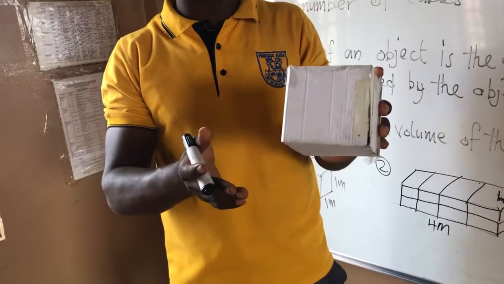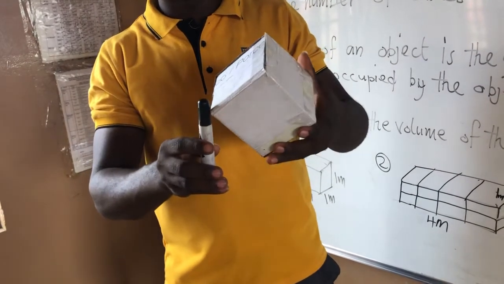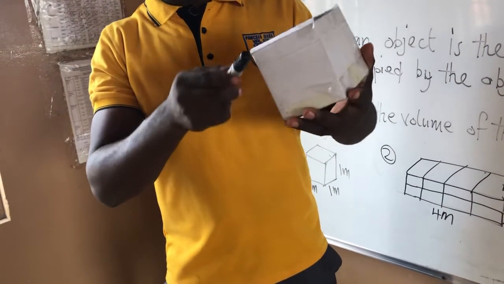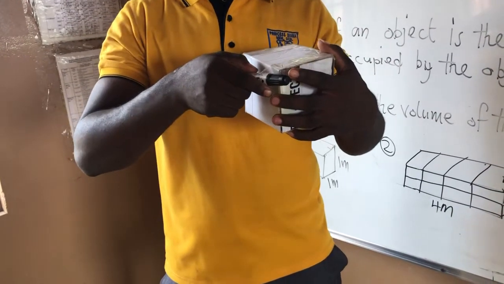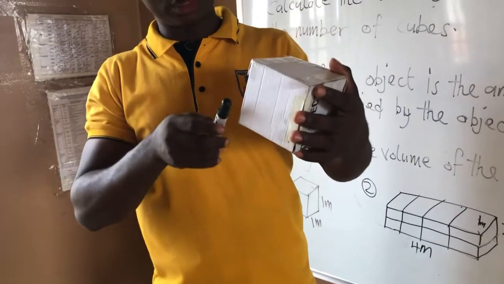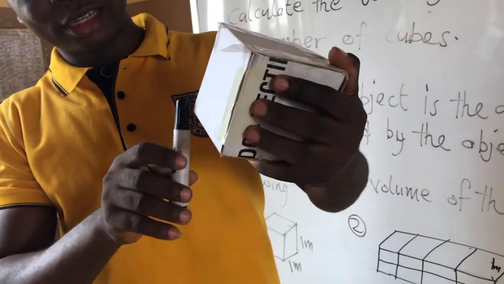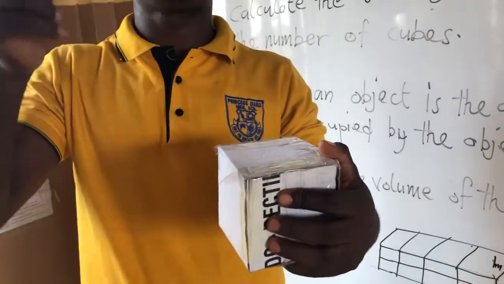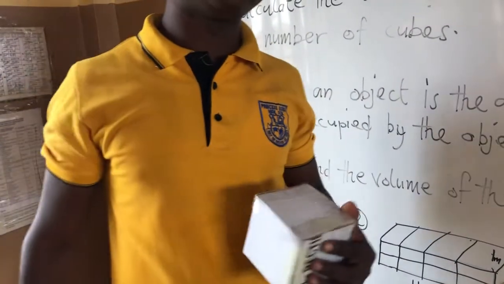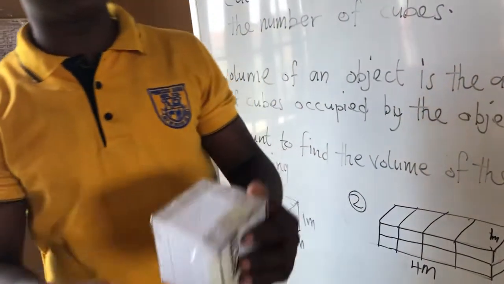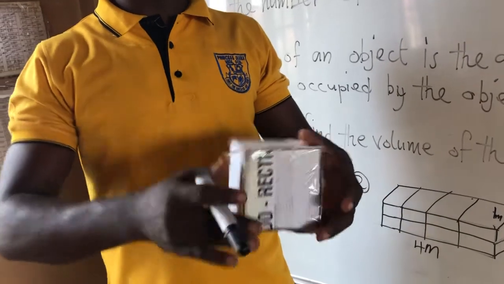What is 3 dimensions? It has the length, the width, and then the height.